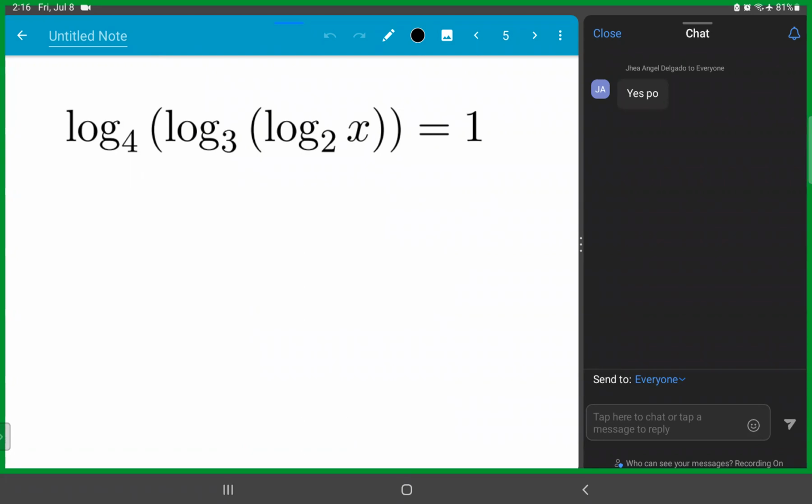Just give an answer. You can type your answer in the chat box. The answer is exponential because it's too large for a calculator. So something raised to the something.